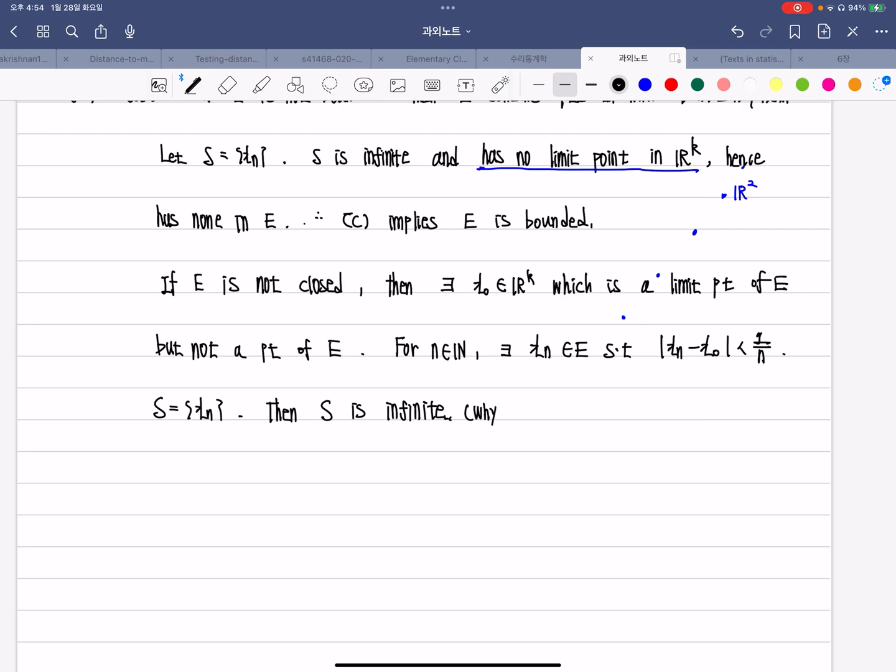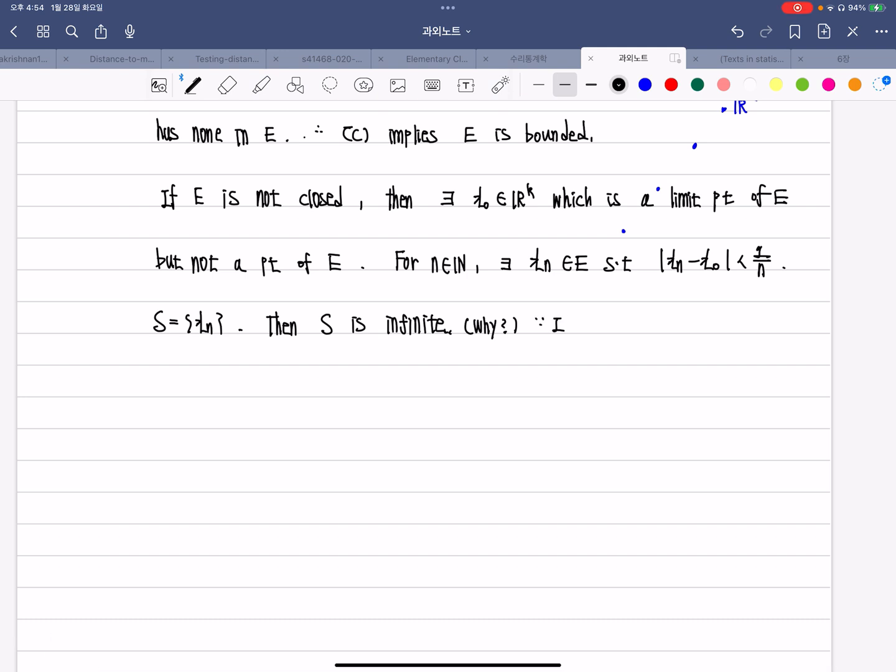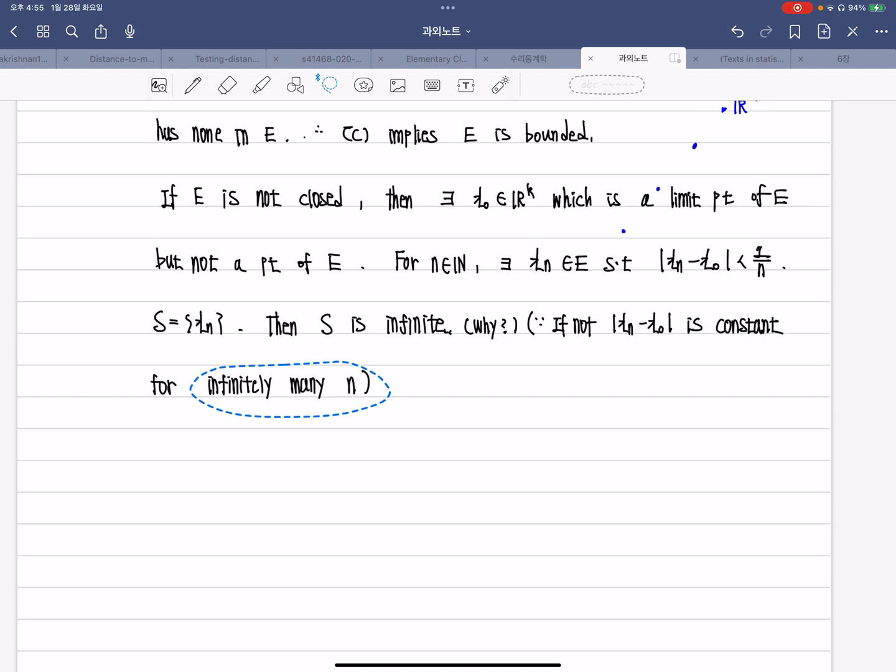Why? If not, the distance between xn and x0 is constant for all but finitely many n, right?